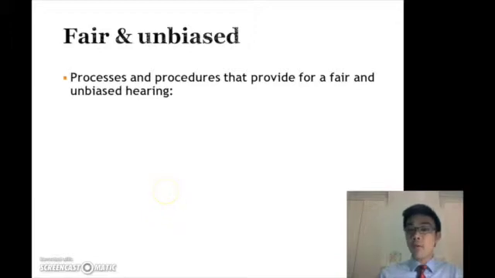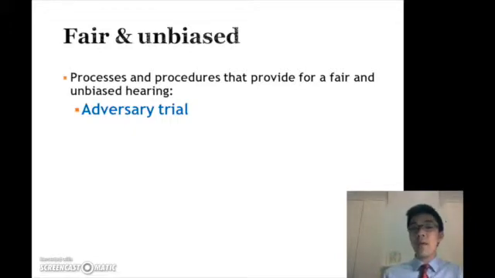There are also processes and procedures that provide for a fair and unbiased hearing. Lots of different details here. For example, the adversary trial, this idea that we have two sides fighting out a case in the hope that if both sides present a really strong case, or the best case that they can, then whoever wins must mean that the party had a better case and that it's a fair outcome at the end.